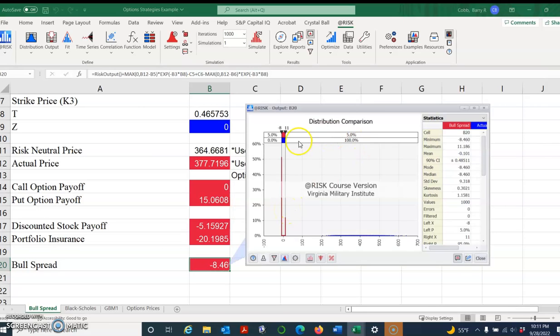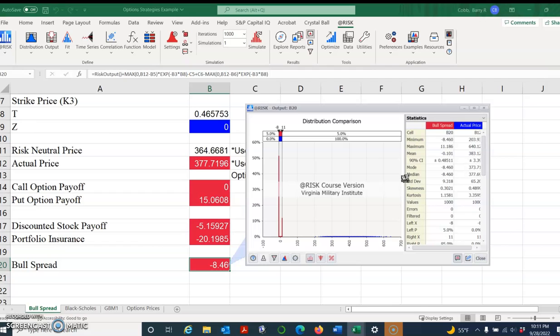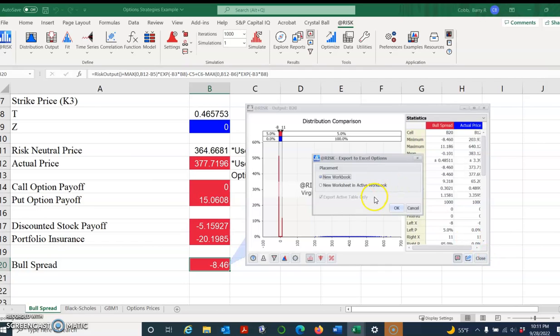Okay, now in this particular case, the window here may not be terribly helpful, but what we're going to do is go down here to the export data, and we're going to export to Excel. I'll go ahead and select New Worksheet in Active Workbook.